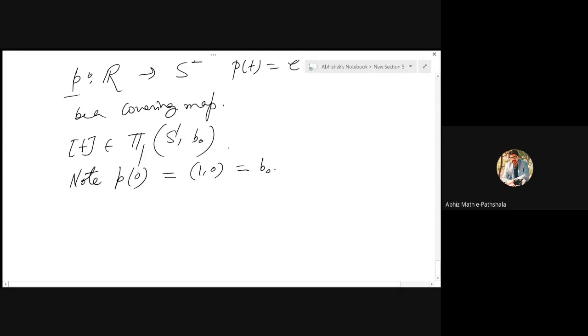Then by the previous discussions, for this f, you will have a unique lifting to R. So f tilde is the unique lifting of f to R, right?